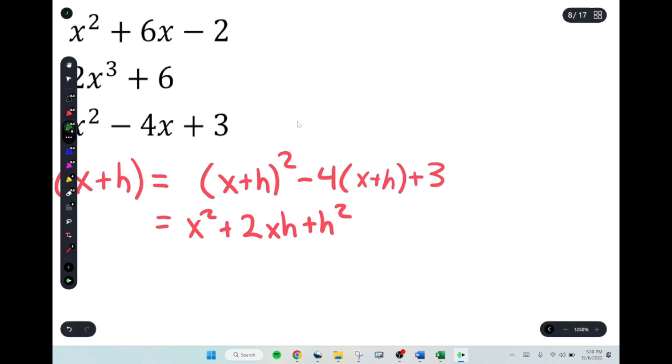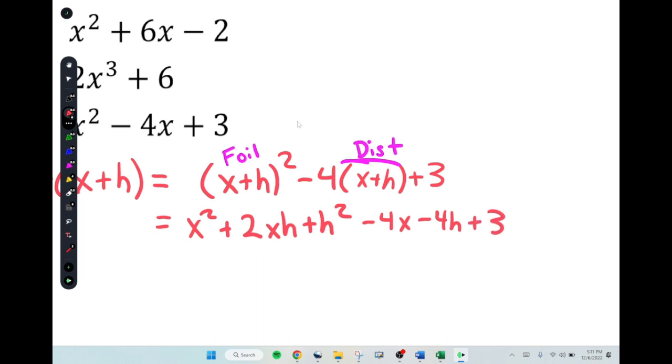Yes, FOIL is good. This one was a distribute, right? Minus 4x minus 4h plus 3. Anything combine, cancel, or go away? No. Interesting. Sometimes it does. Didn't at that time. That's okay.